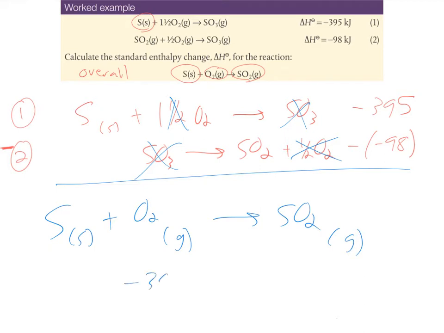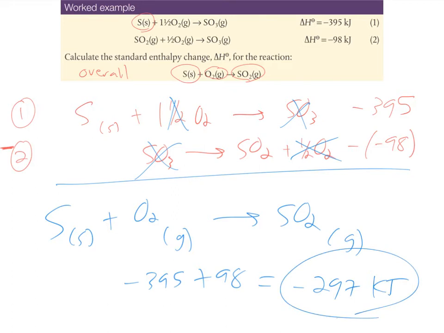And that is negative 395 plus 98, which is... sorry, I had to pause for my calculator. My mental math is horrible. So I get negative 297 kilojoules.